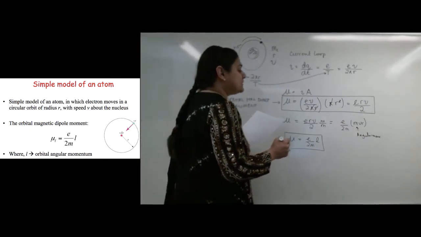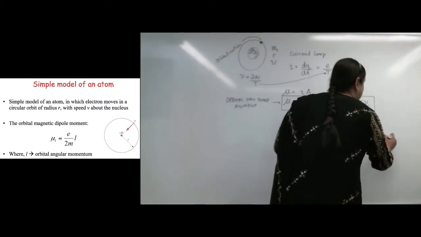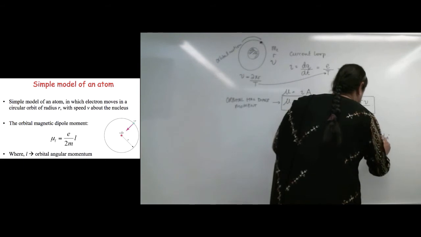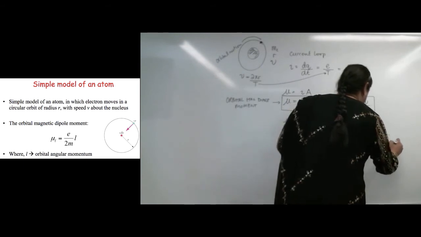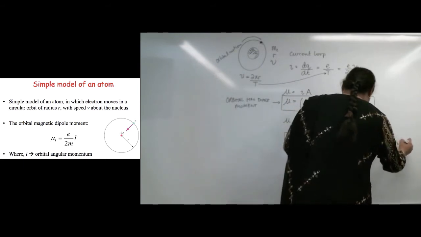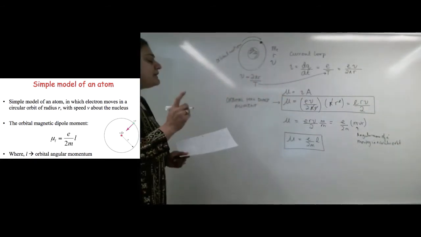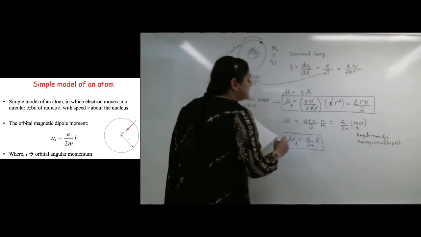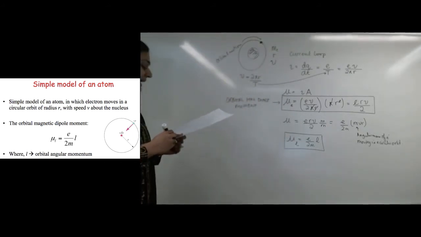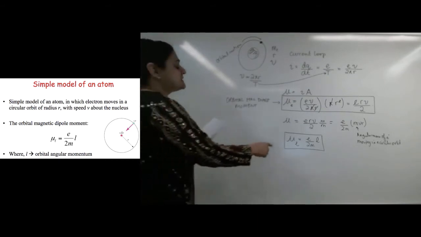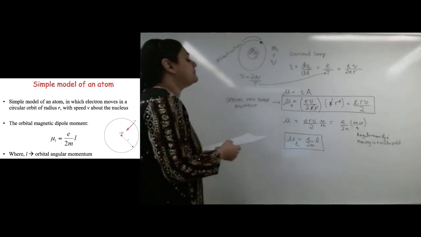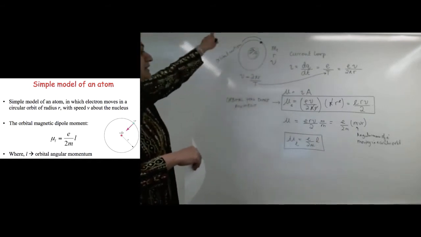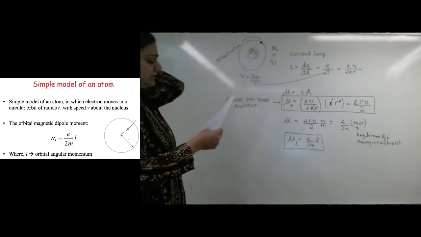And this is the angular momentum of the electron moving in a circular orbit about the nucleus. Now, instead of calling this mu e, sometimes they also call it mu L, and the reason is that this orbital magnetic dipole moment is in terms of the angular momentum of the electron as it rotates around in a circle.